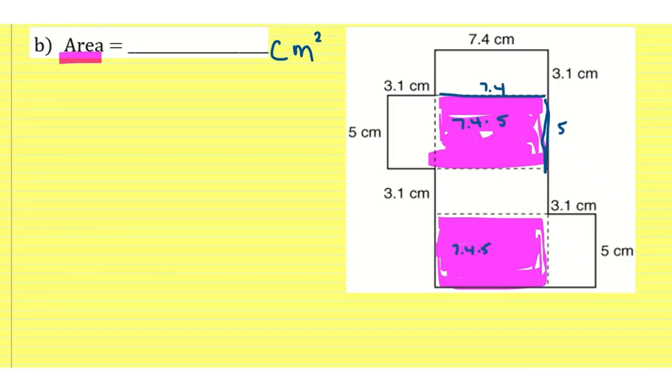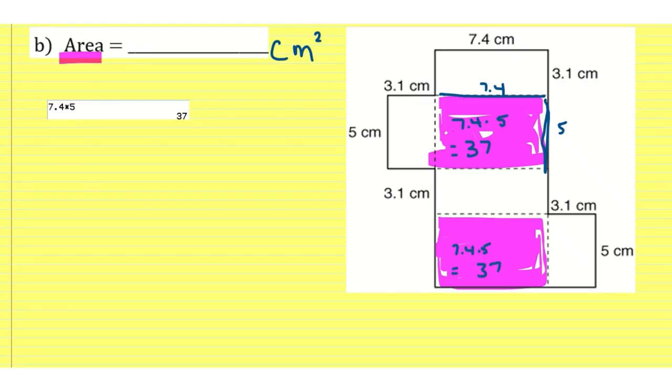So if we use our handy-dandy calculator, we can see that that area is going to be equal to 37 centimeters squared. So just to keep ourselves straight, we're going to go ahead and mark that. So that's 37. And this one is also 37. It equals 37 centimeters squared.